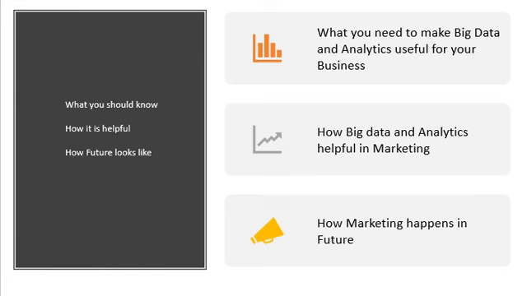Okay, so now, how is big data and analytics helpful in marketing? Predictive analytics is a form of data mining that uses machine learning and statistical modeling to predict the future, based on historical data. You must have experienced that banks nowadays either accept or decline loans in a few minutes.